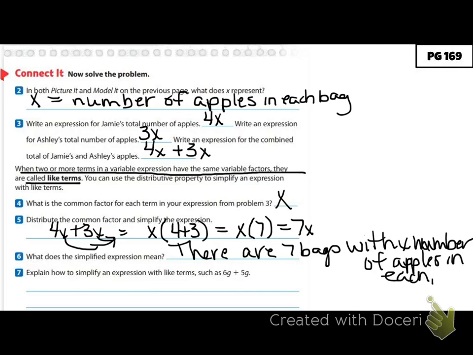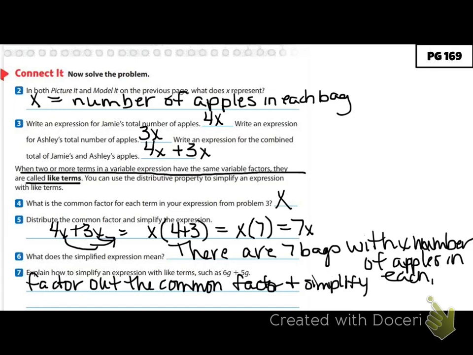So number 7, explain how to simplify the expression with like terms such as 6G plus 5G. Well, we do the same thing as we did up above. Factor out the common factor and then simplify.